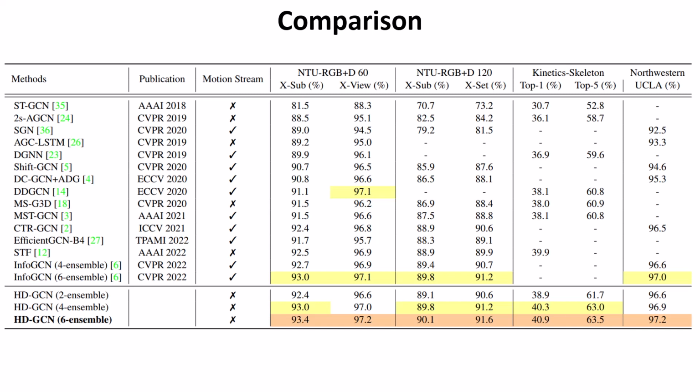But what is interesting to me is even with this sort of very complicated architecture that they proposed, in Kinetics skeleton, they are getting like 40.9% accuracy. While if you use this Kinetics dataset, but with the RGB videos instead of the skeletons, we are getting 70%.